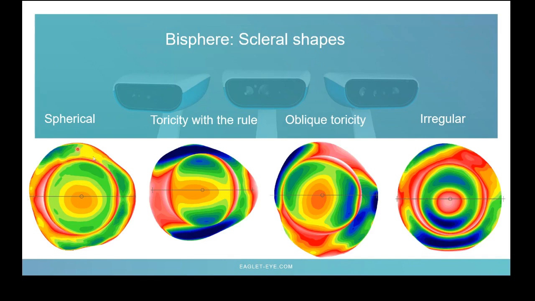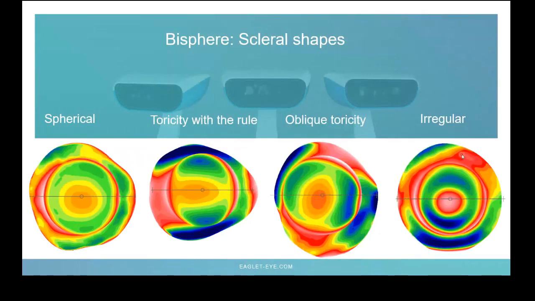So we're looking outside that ring. So this is a spherical eye. Toricity the same, you can see on the sclera. This is the flat meridian, and vertical, this is the steep meridian. An oblique eye is just rotated, so the flat meridian and the steep meridian.